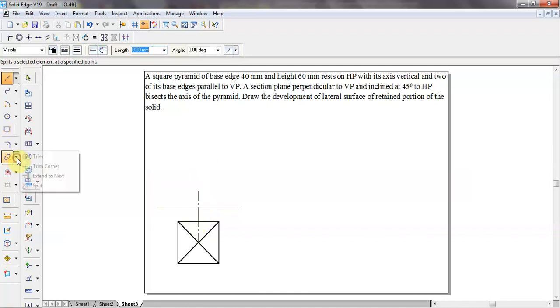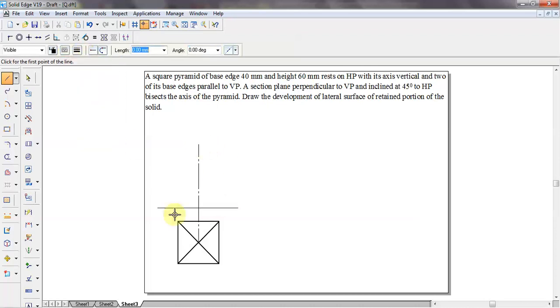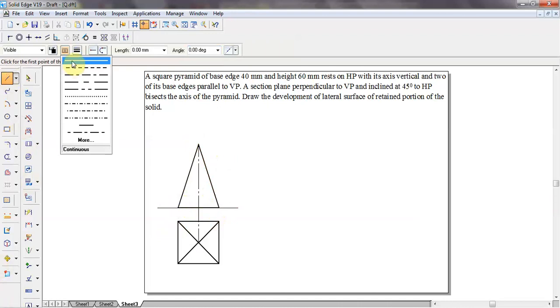So from here it is 60 mm. Just show the projection lines.